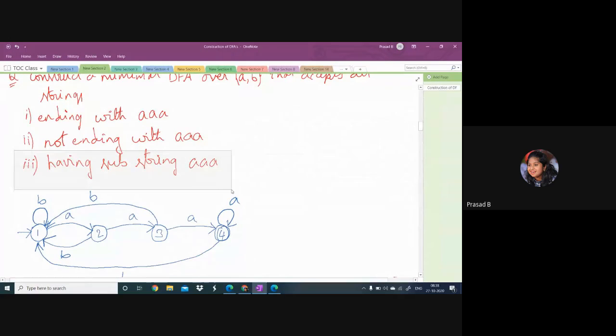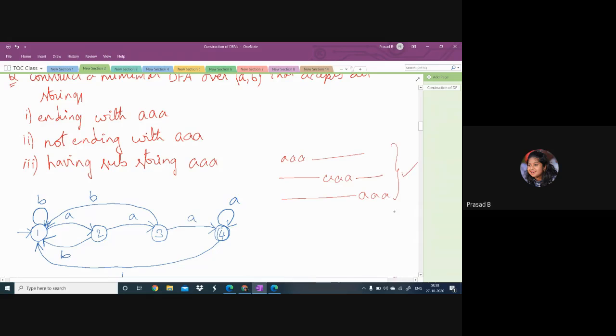Having substring AAA. Already I told you the meaning of substring: any consecutive part of a string. For example, AAA can be at the start, three A's continuously can be in the middle, or three A's can be at the end.